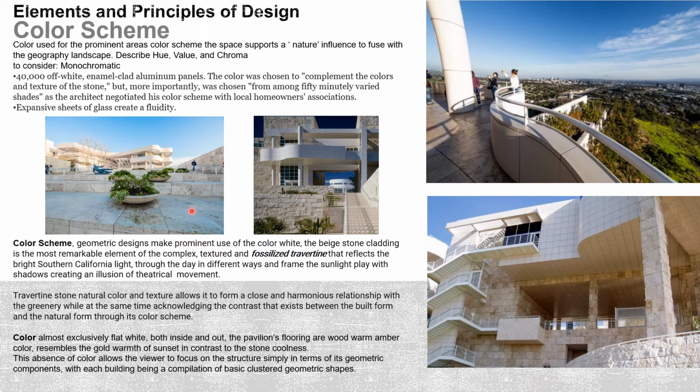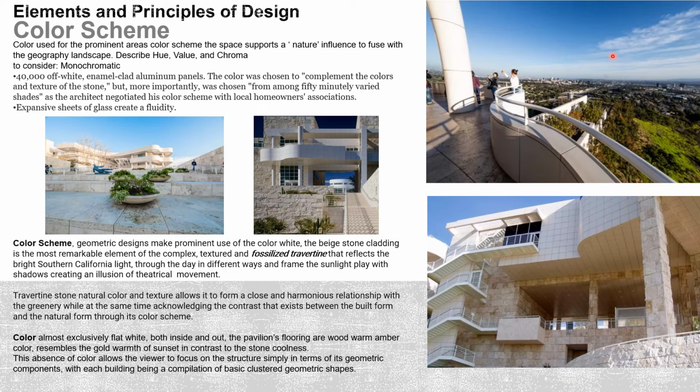So there are different descriptions of the hues and the values and the chroma, because it's monochromatic in a certain way, but at the same time the fossilized stone portrays different options of colors that are brought by the feathers and wood and fossilized specimens, which makes it quite interesting and quite an art piece in itself.